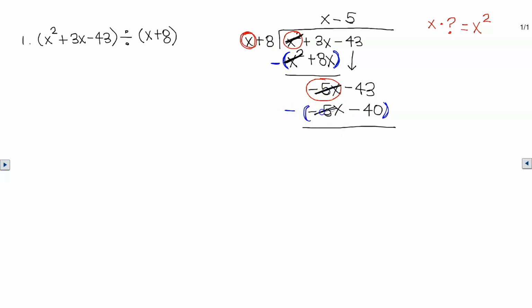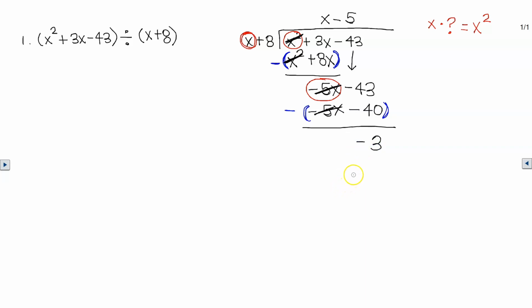Those two are going to cancel each other out. And then on the second part, be super careful, because this would be so easy to miss. You are doing a negative 43 minus a negative 40. And we know when we do minus a negative 40, that's going to change to plus 40. So you're doing negative 43 plus 40, which would be negative 3.